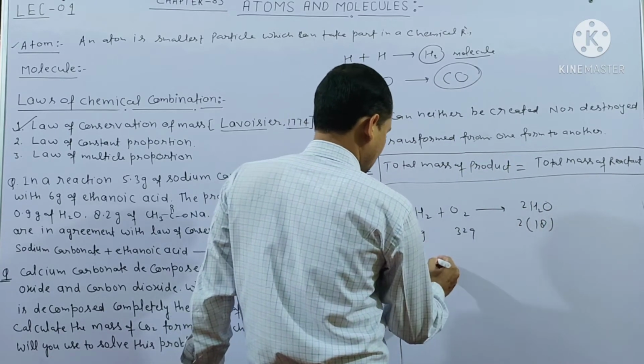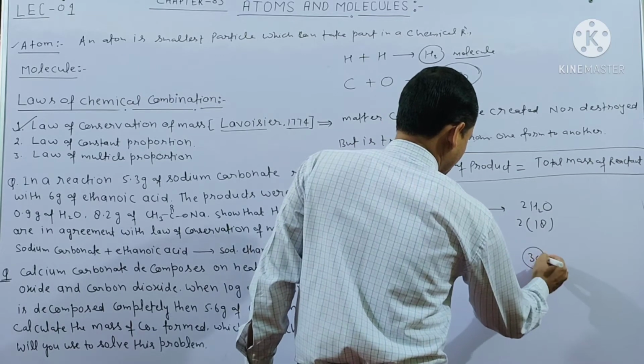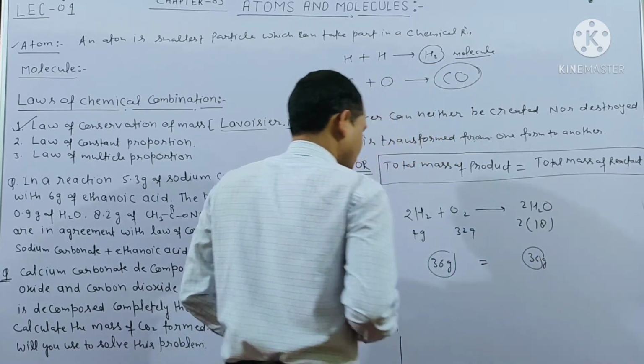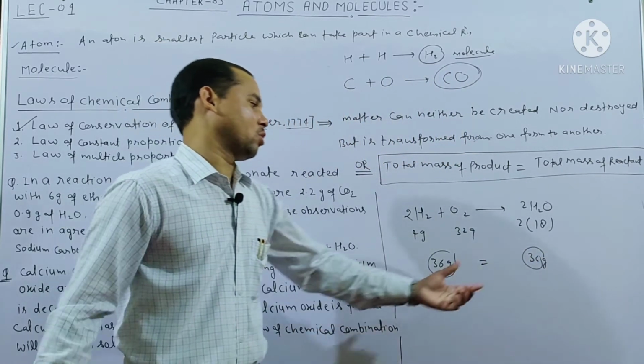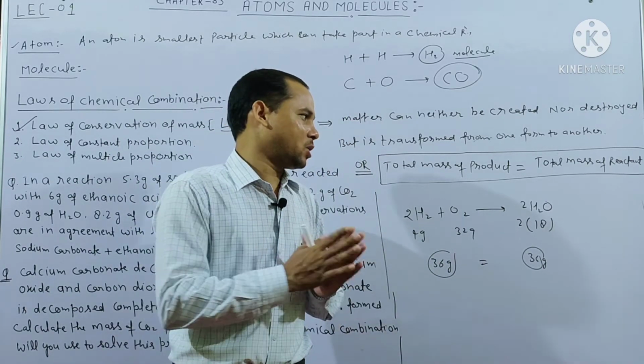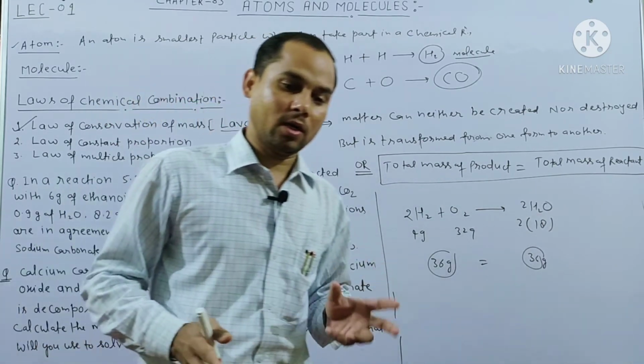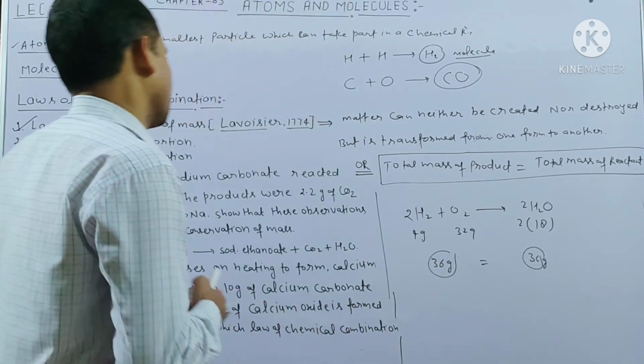So 4 and 32 make 36 gram, and here it is also 36 gram. So here we are observing that the total mass of reactant is equal to the total mass of product. So in any chemical reaction, the mass of product must remain equal to the mass of reactant. This is called the law of conservation of mass.